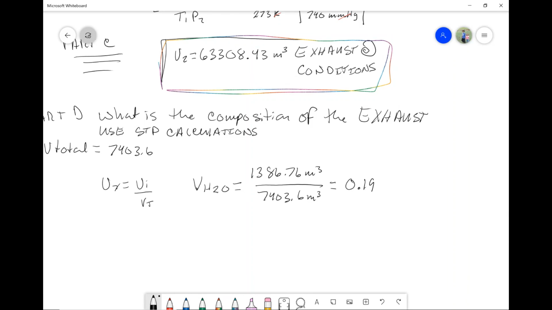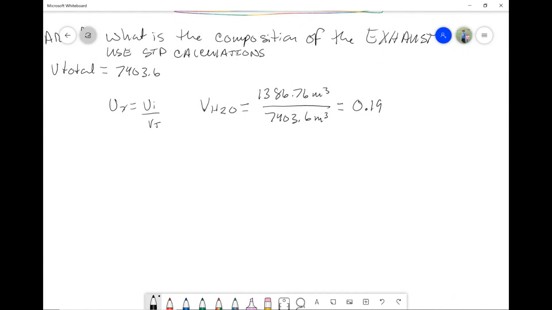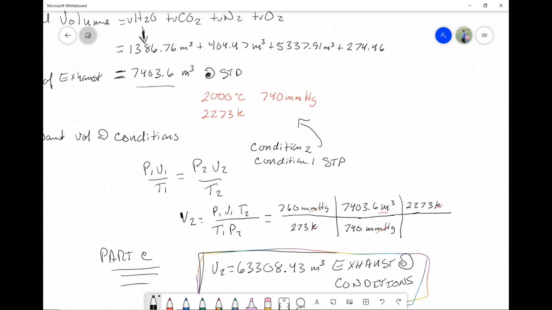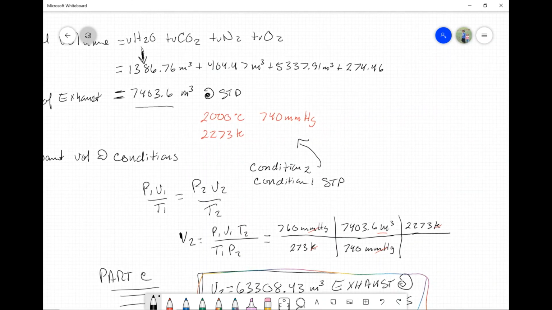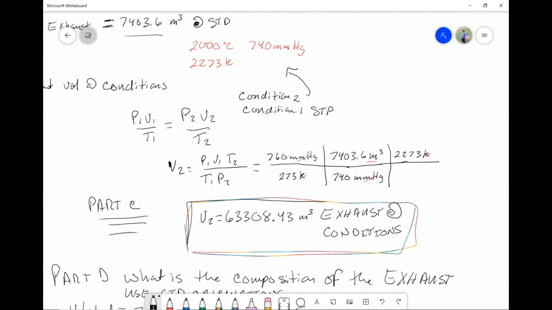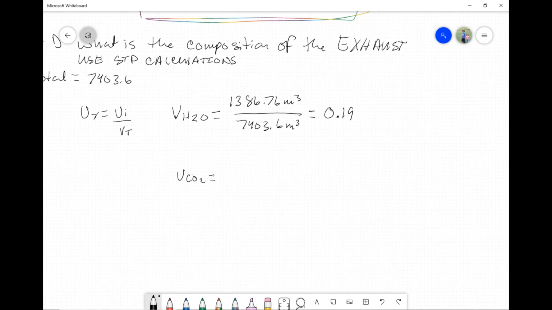So 0.19. V CO2 equals 404.47 over 7403.6.